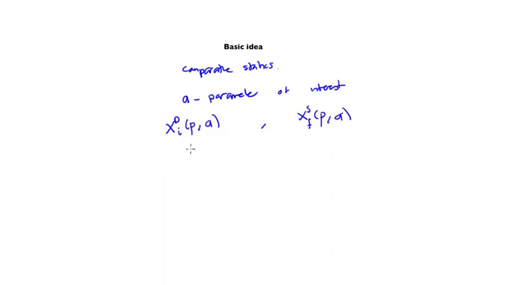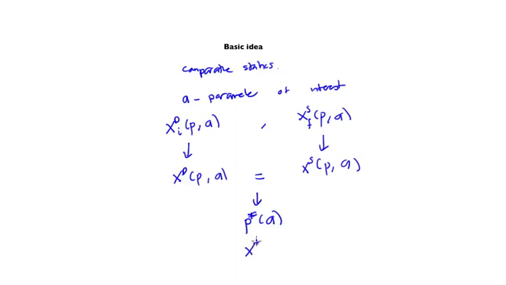And from that, we can compute the aggregate demand function as a function of the price and the parameter A, the aggregate supply function as a function of P and A. We equate them and we get the equilibrium price as a function of the parameter, and the equilibrium quantity also as a function, total production as a function of the parameter, or more generally, the equilibrium allocation.